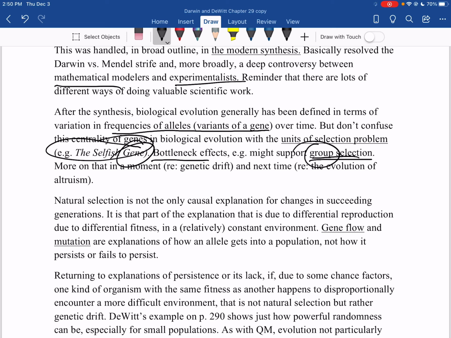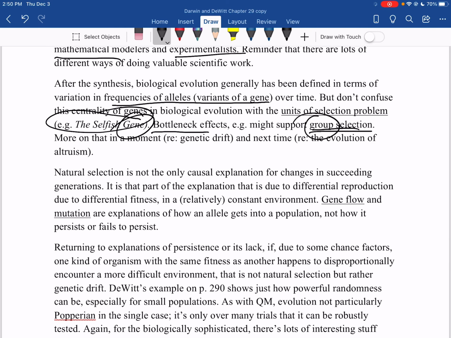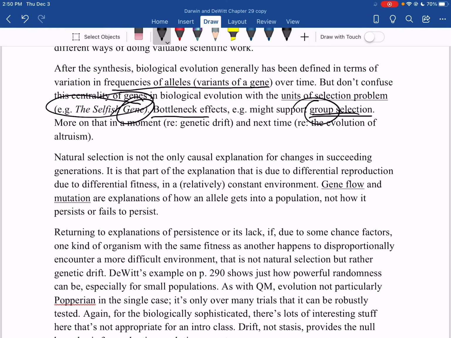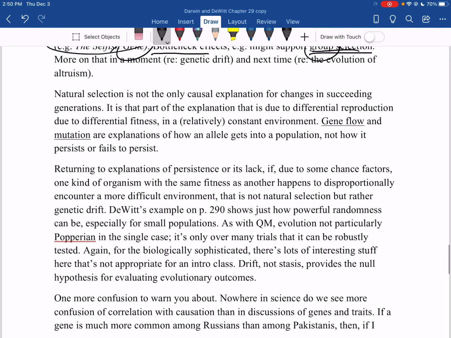I'm not taking a stand on that, but I'm just saying the centrality of defining evolution in terms of genes rather than traits of organisms or of groups is to be distinguished from the much stronger claim that people like Dawkins make, that evolution operates only at the level of genetics. Natural selection is not the entirety of the modern synthesis. It is a causal explanation, but not the only causal explanation for changes in distributions of genes from one generation to another.